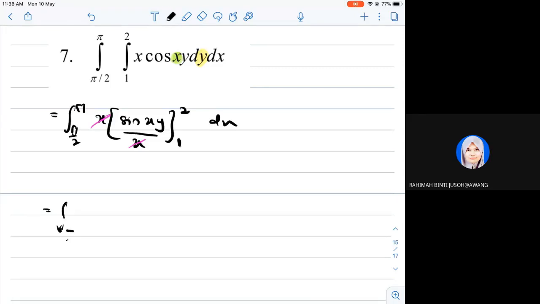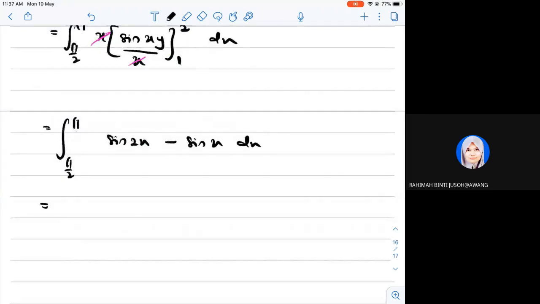La ilaha illallah, menguji kesabaran. Ni pi per 2 pi sin xy. So gantikan dekat mana? Dekat x ke dekat y limit tu? Y. Y. Okay, so dia jadi sin 2x tolak sin x dx.